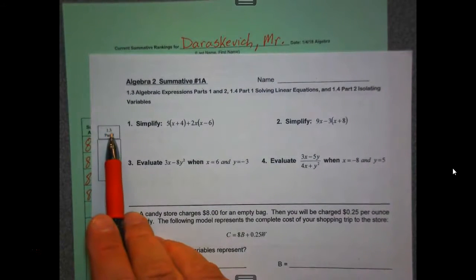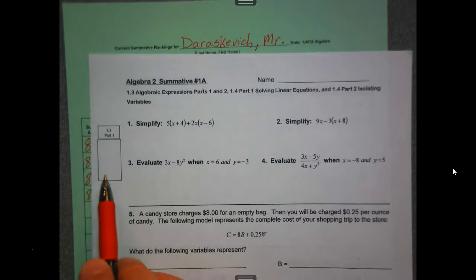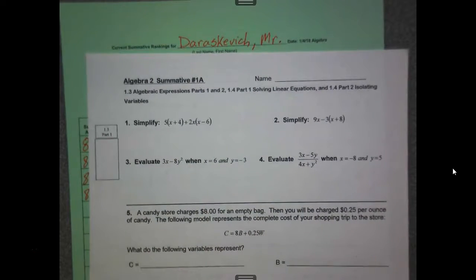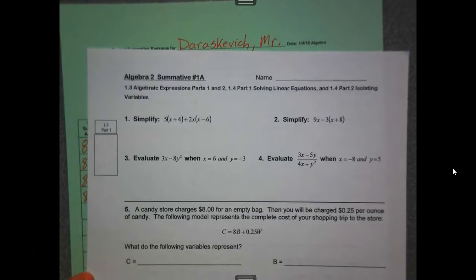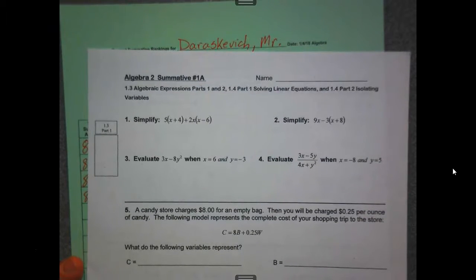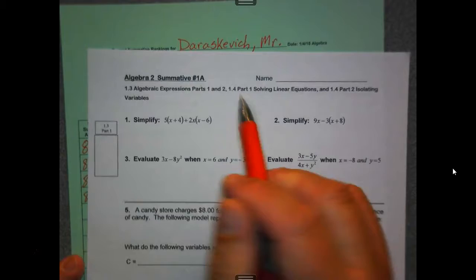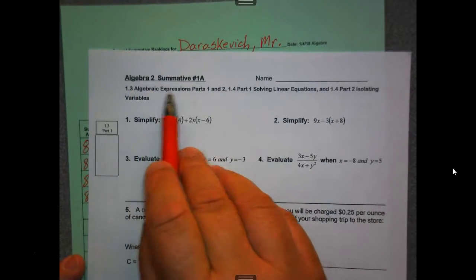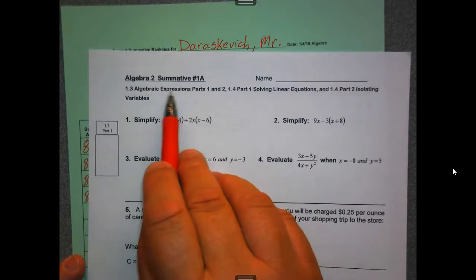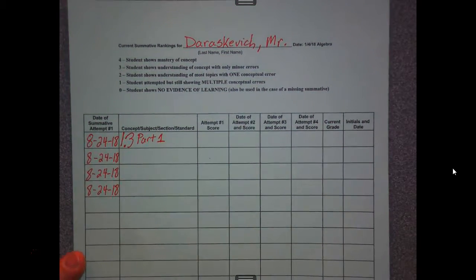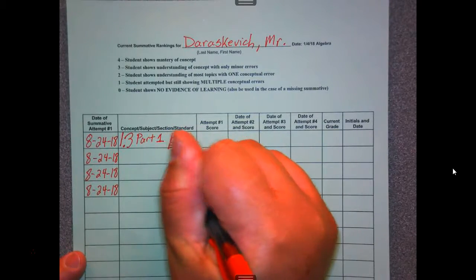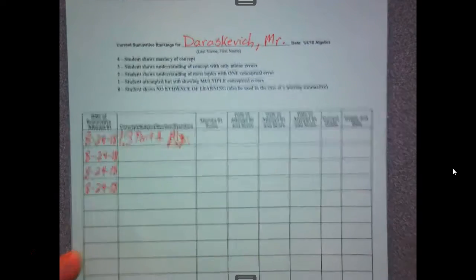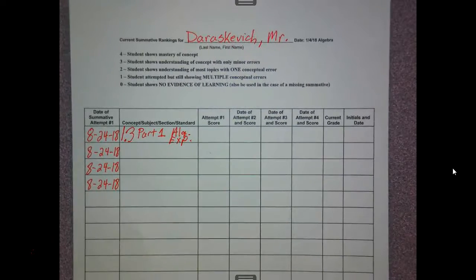Then 1.3 part 1, and that was your grade, what you got from the 5-point system posted on the wall. 1.3 part 1 was algebraic expressions. If you want, you can give a brief description. Algebraic expressions. You can even abbreviate it. Up to you. I don't care.